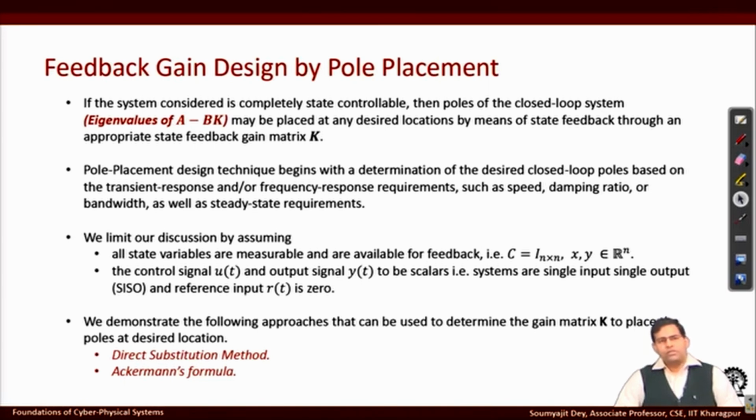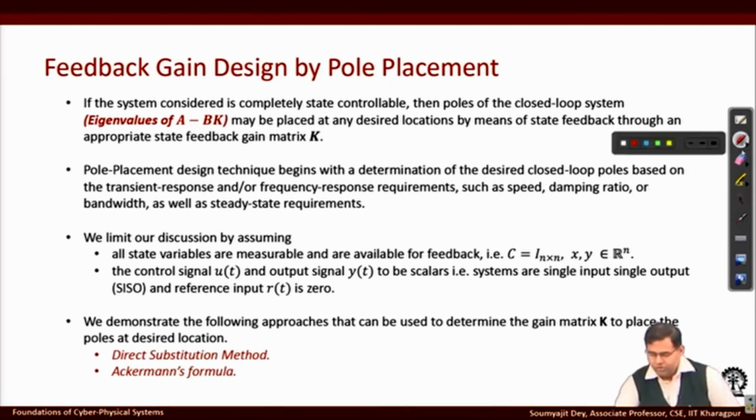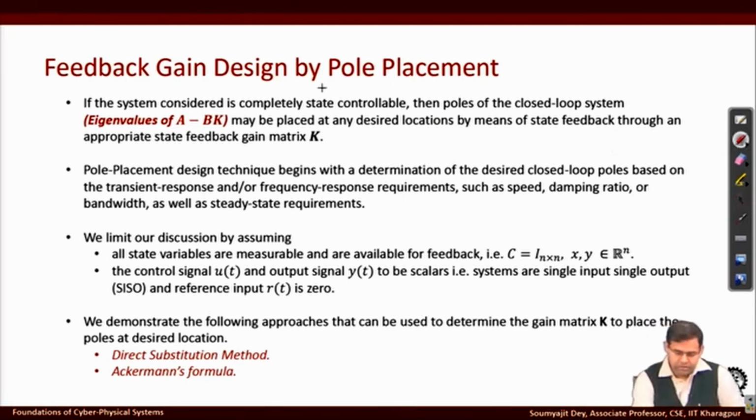If the system considered is completely state controllable, so we will understand what that means, then what we need to do is design the gain k in such a way that the eigenvalues of the closed loop pole must be positioned in a location so that the desired behavior happens. So that's kind of our target.